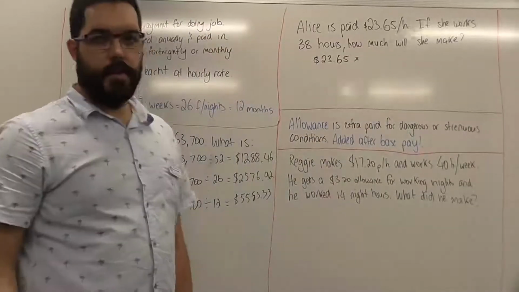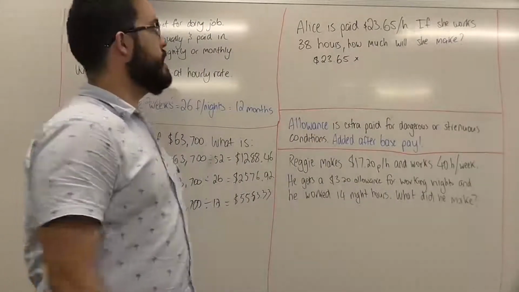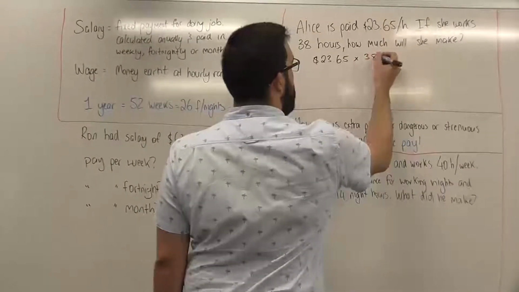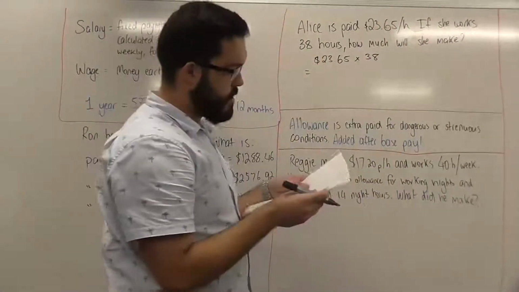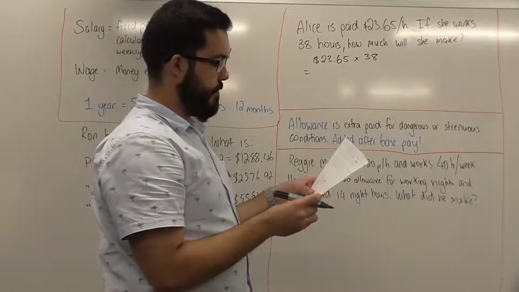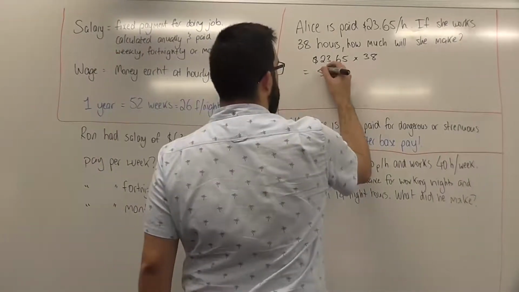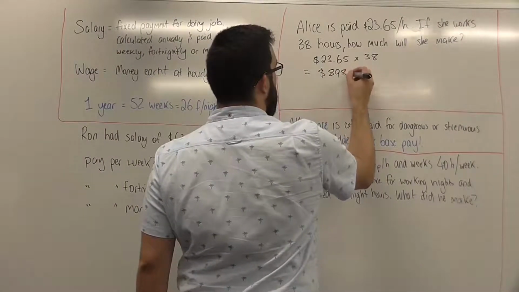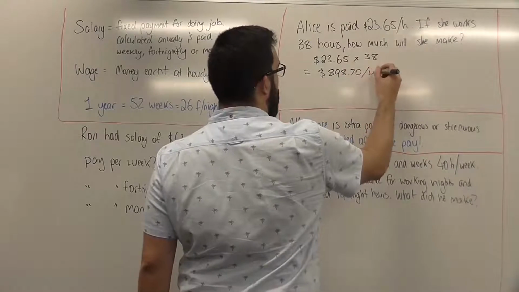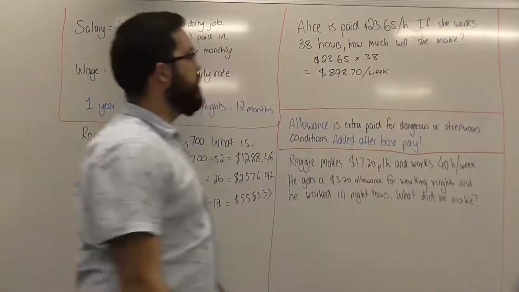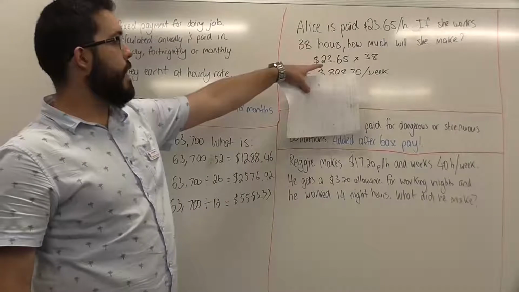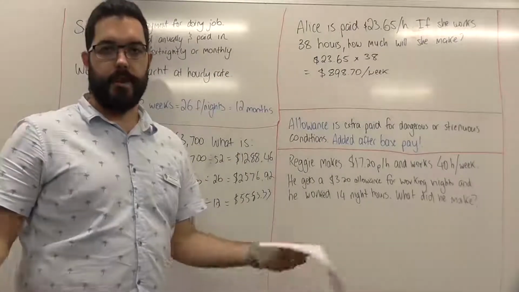We multiply it by the number of hours that she worked in a week. Pretty easy, which is 38, which equals $898.70 per week.